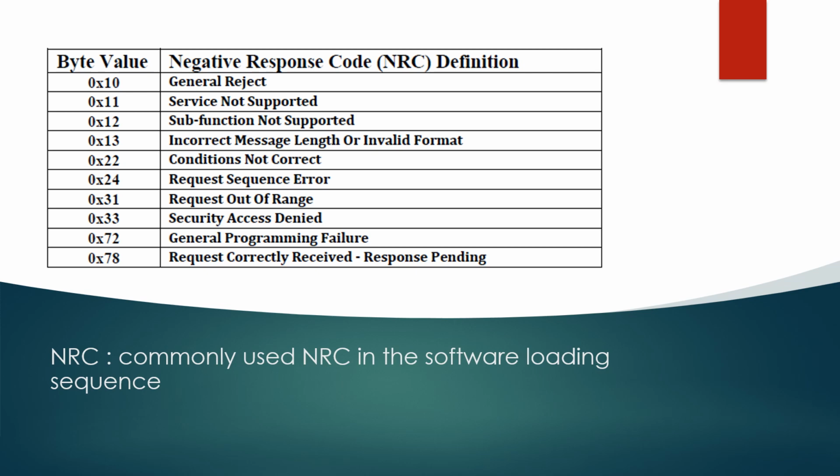Condition not correct, 22. Request sequence error, which is 24. Then request out of range, which is 31. Security access denied, 33. General programming failure, 72. And response pending, which is 78. So these are the most popular NRCs which are used while dealing with the bootloader.